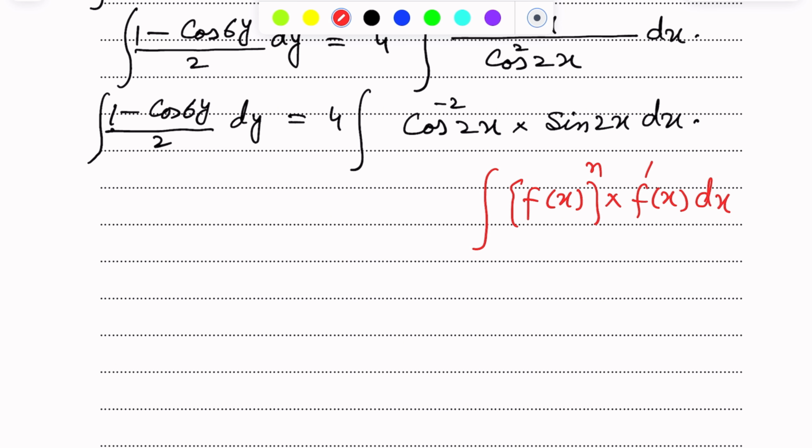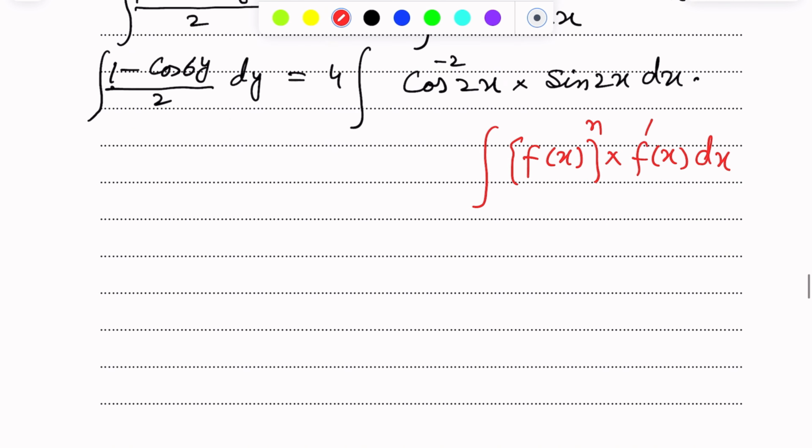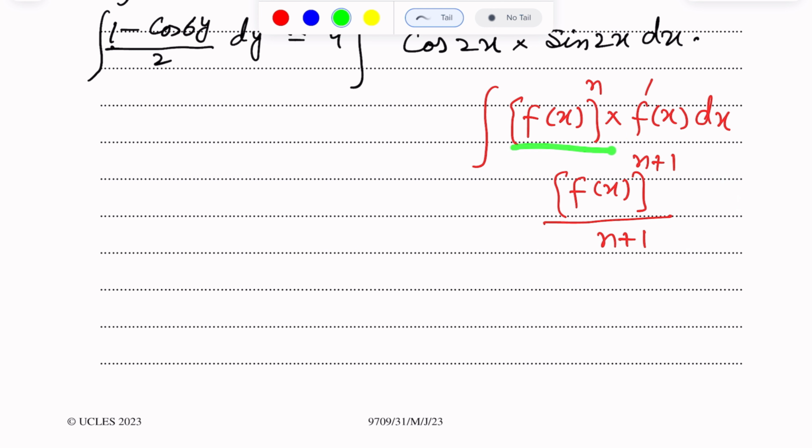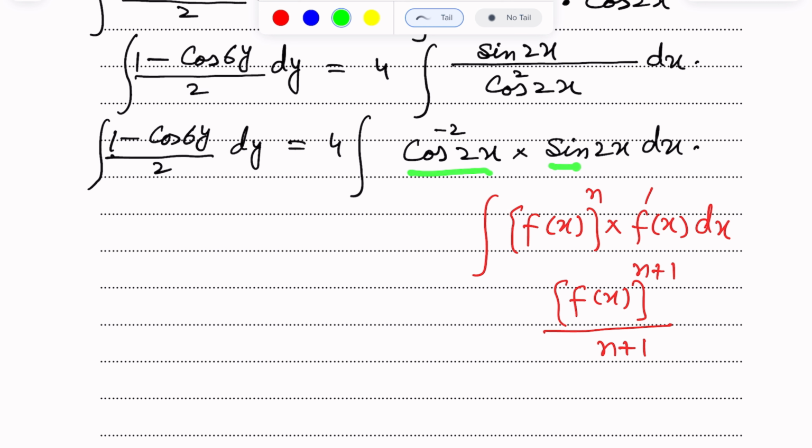This is clearly the product of two functions, f(x) power n and f dash x. Suppose this is the general formula. Integration of this whole function will be f(x) power n plus 1, over n plus 1, writing the same power in the denominator. We will use this concept here.